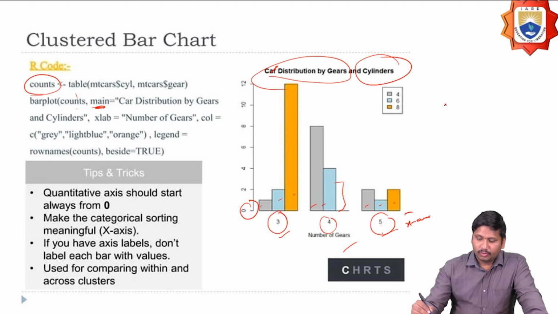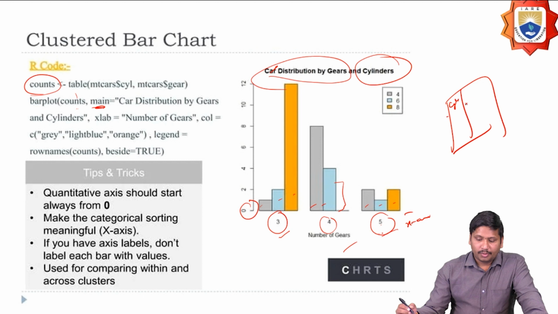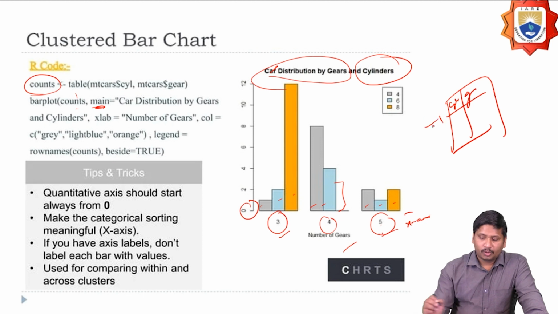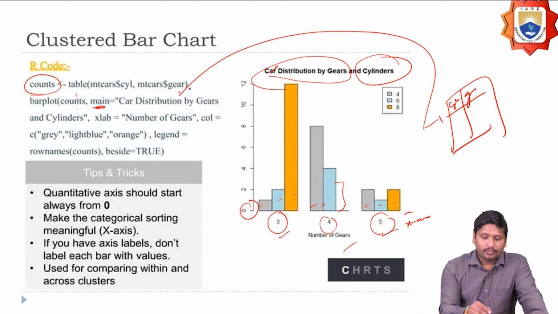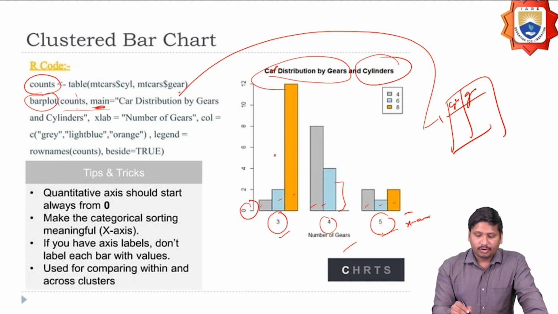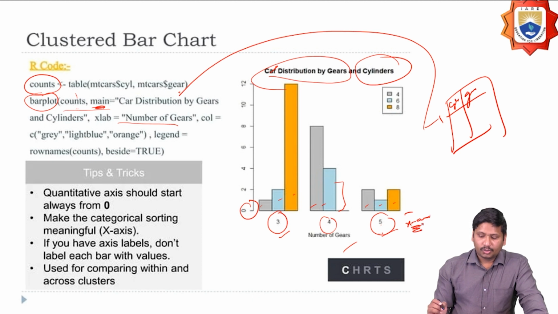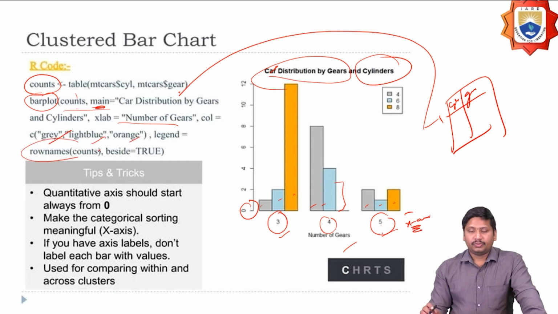So this is the table which we have by cylinders, and so mtcars$gear. By making use of this cylinder, I'm incorporating it here, and barplot is equal to the same thing, and the title name is given. In xlab, I'm going to represent the bars, and through col I'm going to mention different colors: gray, light blue and orange, and the legend names counts and beside should be true.